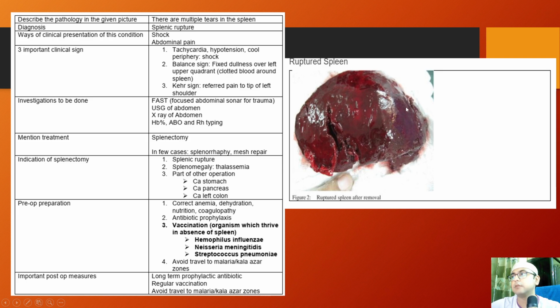Yes, because you have limited immunity, because the spleen is one of the important immune organs. As it is resected, your immunity will be less than a normal person's. So the important post-operative measures: you should take vaccines before going to any endemic area, and lifelong vaccination is also needed after splenectomy. Most important post-operative measures: long-term prophylactic antibiotics, regular vaccinations, and avoid travel to malaria and cholera zones.